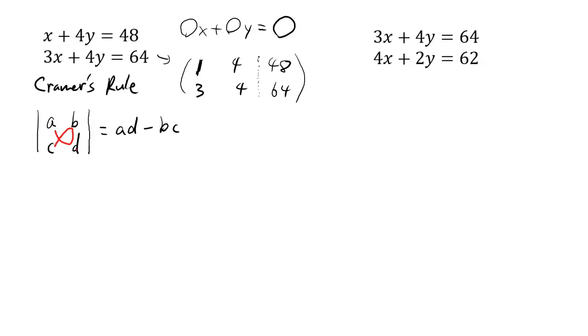Once you have this matrix form, there are many methods that make use of this form to find the solution, and Cramer's rule is just one of them. There are other methods called the Gauss elimination method, and there's also the Gauss-Jordan elimination, which you'll naturally be led to if you learn Gauss elimination.